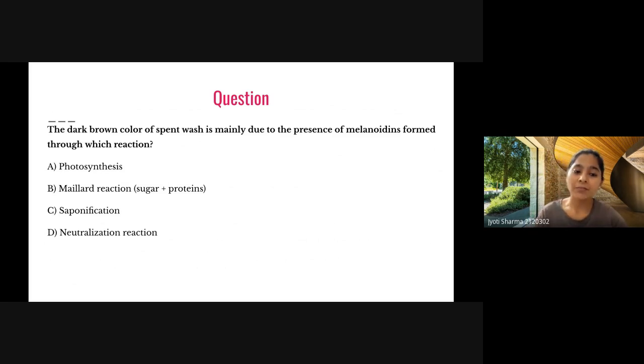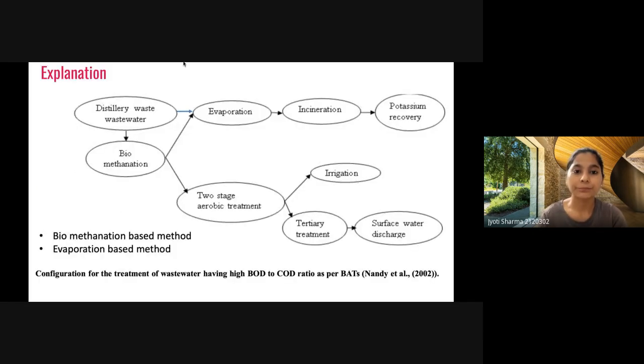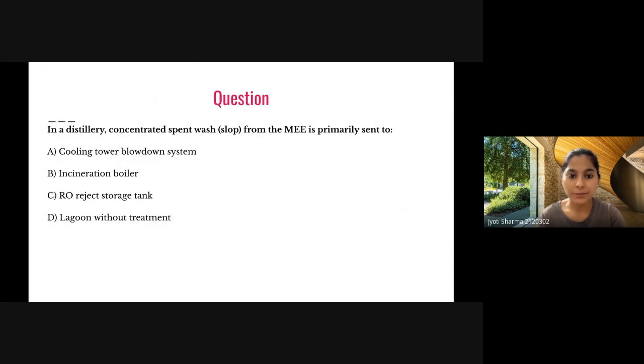So spent wash has dark brown color because of melanoidins, and that is formed, you have to tell me which reaction. Okay, so you both gave me B. Yes, this reaction is known as the Maillard reaction.